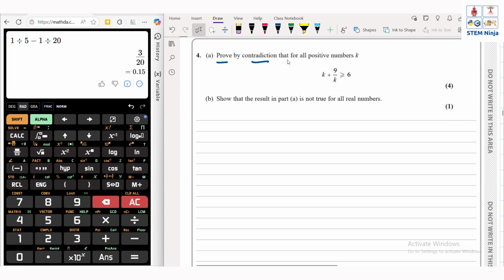Prove by contradiction that for all positive numbers k, k plus 9 over k is greater than or equal to 6. So prove by contradiction. So we need to write a contradictory statement first.